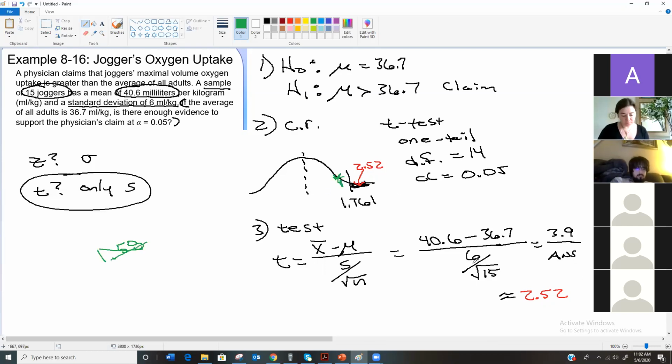But we got 2.52, which is down here in the rejection region. I should just change some of these problems. And then we've got, do we reject or do not reject?